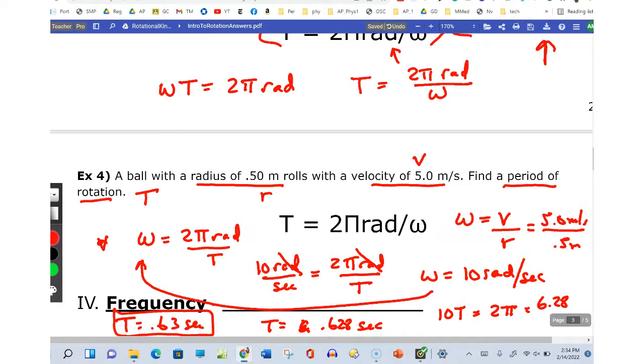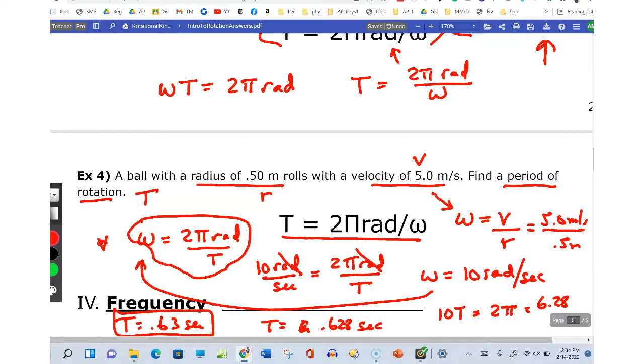So what did I do? I have a question about period, and rather than memorize a formula, it makes more sense to me that the rotational velocity is always a full rotation, 2 pi radians, divided by the period, which is the time for one full rotation. They've given me v, and I can't use v, because this equation doesn't have v in it, so I convert to angular velocity.